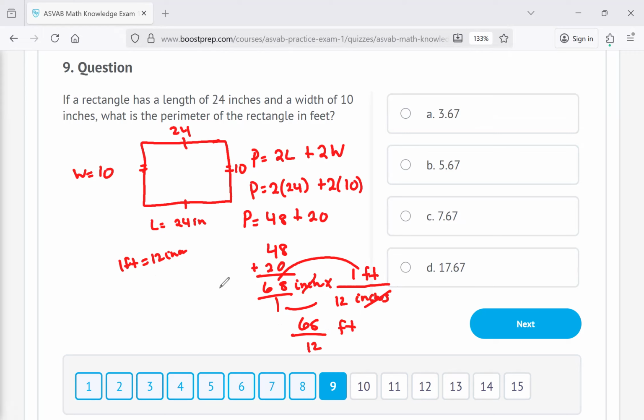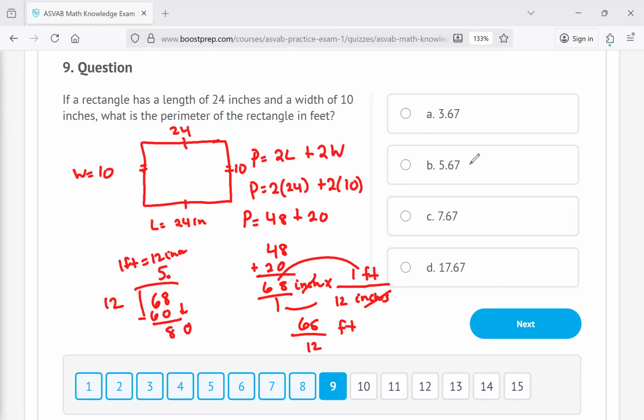But as you can see, we wanted decimals because this is improper. So do the box thing. How many times does 12 go into 68? About 5, right? 12 times 5 is 60. Bring down the 8 and then put a decimal here. Bring down the 0. You obviously don't have to go any further.